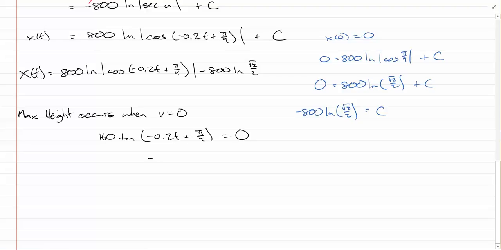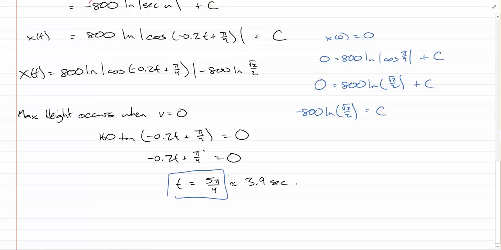Tangent of 0 is 0. So this is going to be 0 exactly when the thing in the parentheses is equal to 0. That would be when t is pi over 4 divided by 0.2, which is the same as 5 pi over 4, approximately 3.9 seconds. That's when the max height occurs.